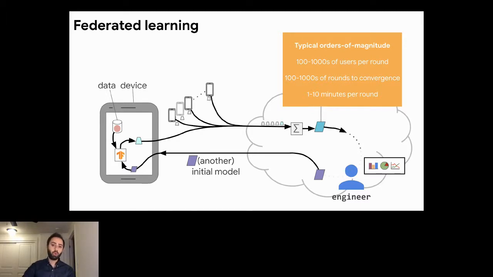But what's important is if you do a bit of calculations from these metrics that I have on this slide, you can quickly tell that if I'm running for thousands of users and thousands of rounds, and I have, say, 10 minutes per round, you can quickly deduce that this is not a process that takes an hour or two to finish.